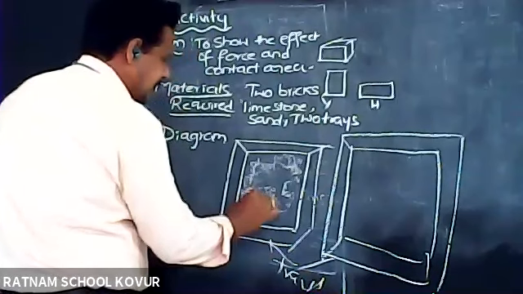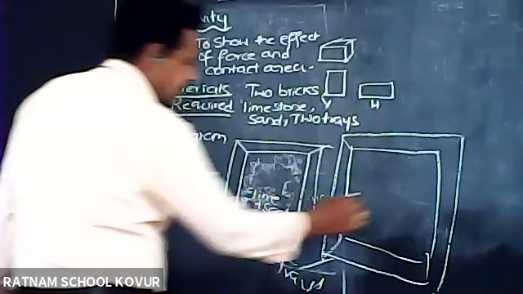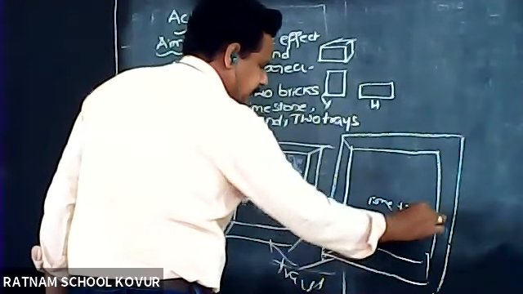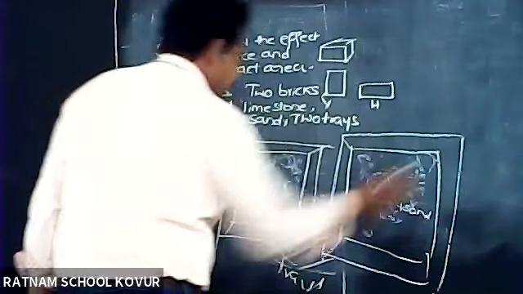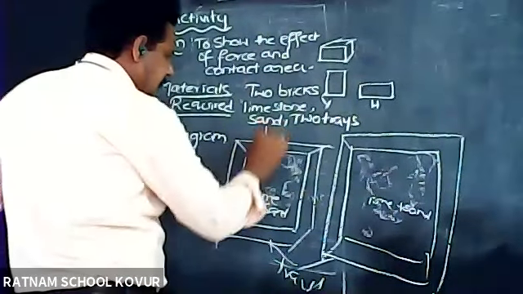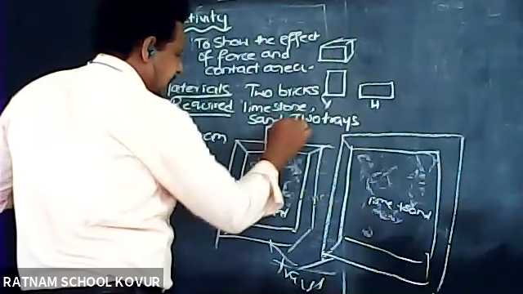This is lime plus sand. So here in this tray, you keep the brick vertically.